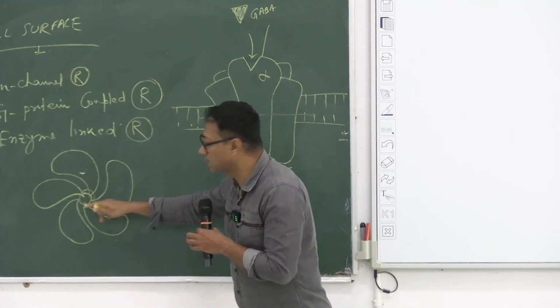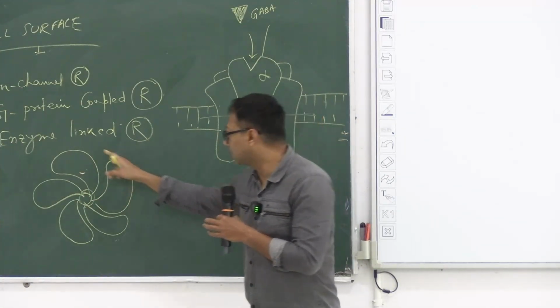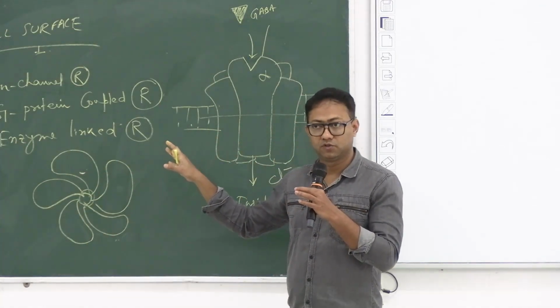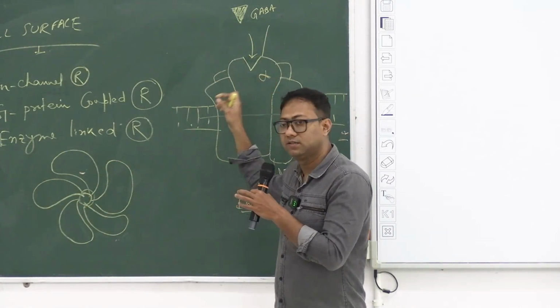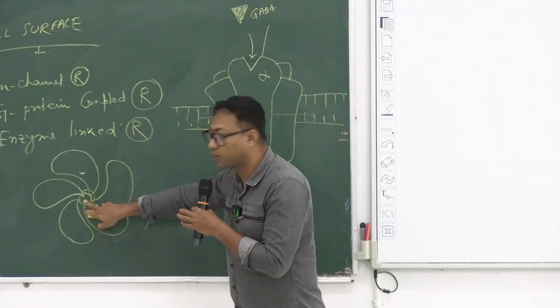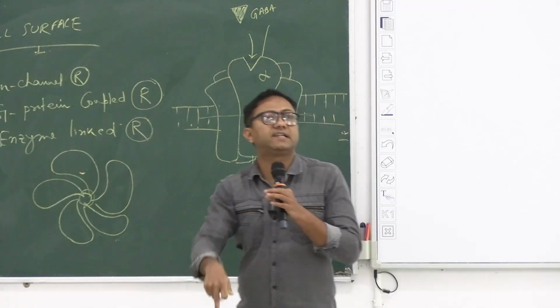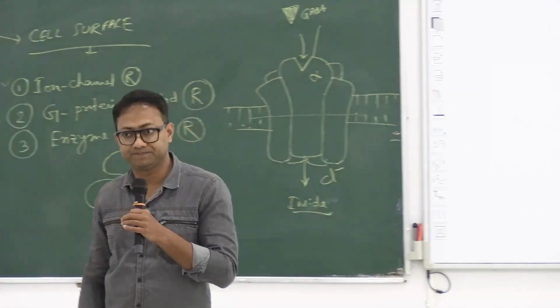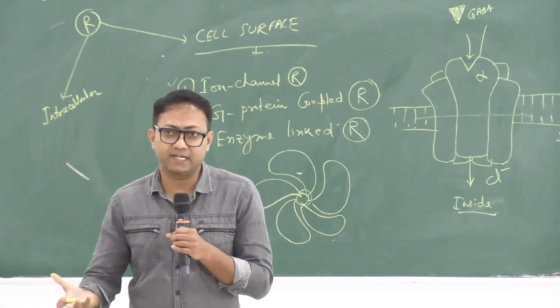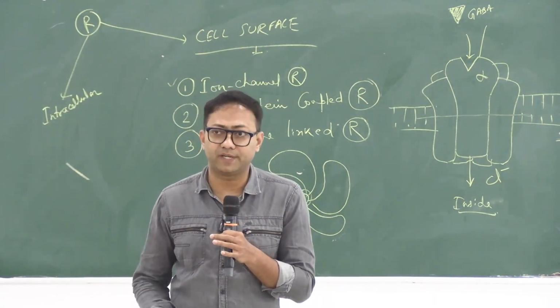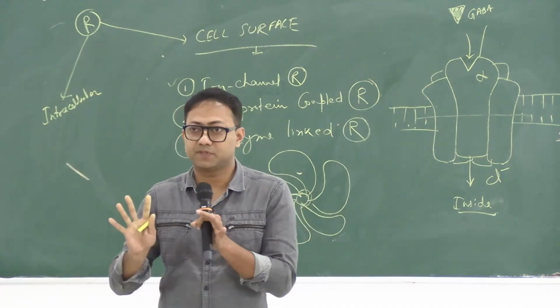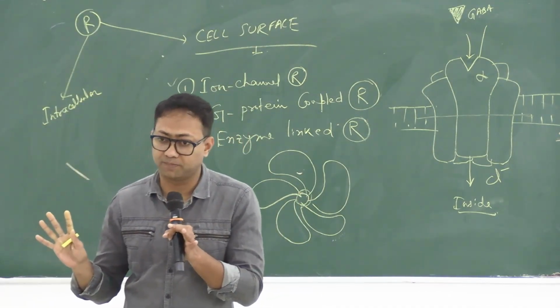Otherwise normally this pore is closed due to the arrangement of 5 subunits, okay. Once GABA binds here, it unwinds and the pore inside opens up and chloride enters into the cell, into the neuron, okay. And chloride is negative ion, it will reduce the excitability of the neuron and epilepsy will stop or the seizure will stop, okay.